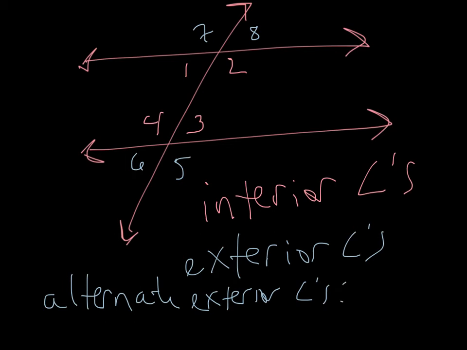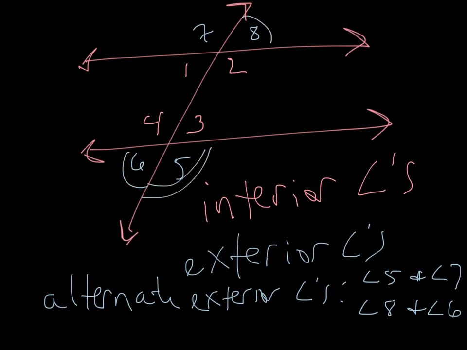Okay? We have angle 5 and angle 7, and then angle 8 and angle 6. Alternate exterior angles are congruent. Okay, so we have 6 and 8 are congruent, 5 and 7 are congruent.